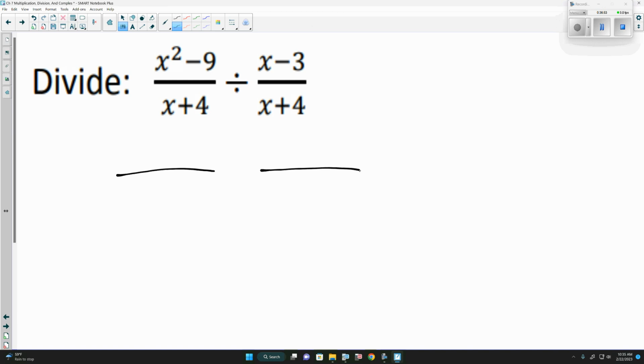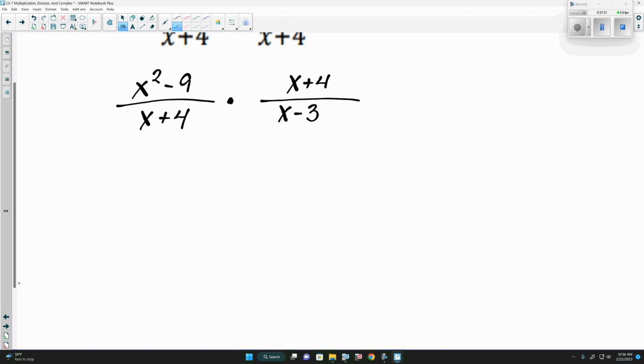With division, multiplication we would normally factor first, but there's nothing else we have to do with it. With division, the first thing I would do is our keep, change, flip. Keep the first one the same. We change it from division to multiplication and flip the second.